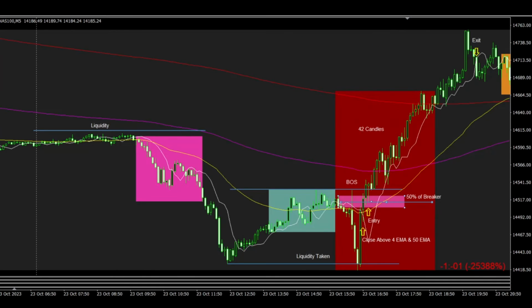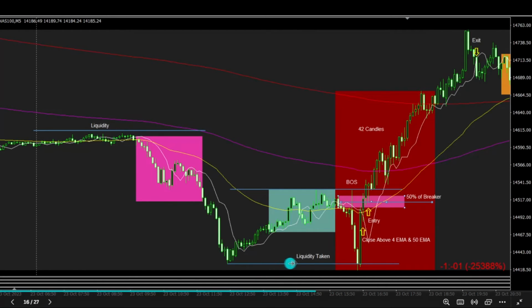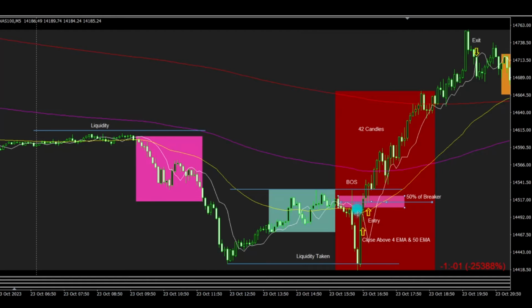In this example, we can see the ICT concepts work beautifully with the moving averages. Liquidity is our target. Liquidity was taken, and there is a break of structure. Price closes above the 4-period EMA and the 50-period EMA, then retraces after this break of structure back into 50% of this breaker.